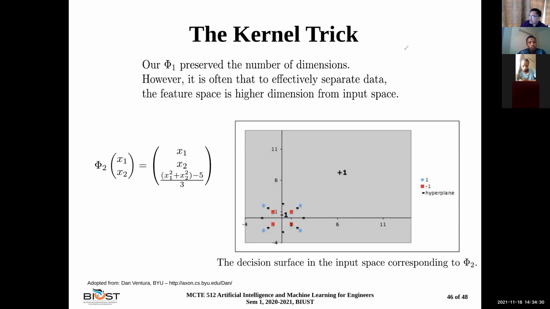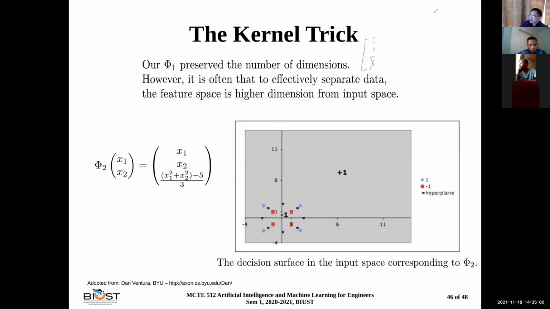In our previous phi, the input x1, x2 outputs another x1 tilde, x2 tilde, another value, but the dimension remains the same.